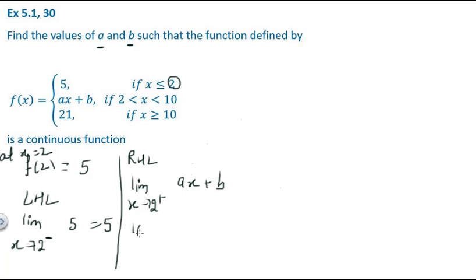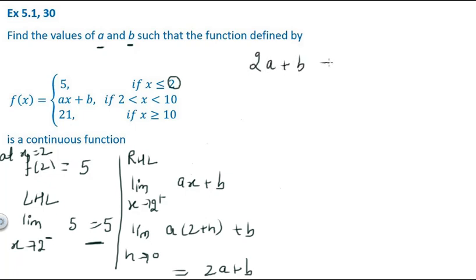Now when we put limit h tending to 0, a into 2 plus h plus b, we get the answer as 2a plus b. As it is continuous, LHL will be equal to RHL. So the first equation that we are getting is 2a plus b equals 5.